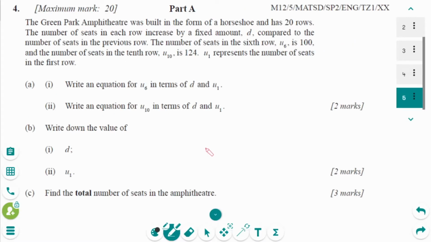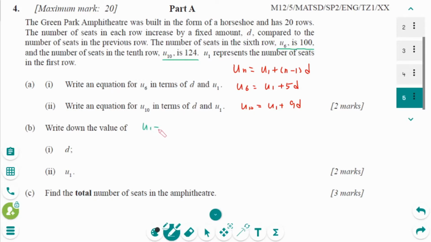This is the May 2012 SL Paper 2 Studies question. Number 1. un equals u1 plus n minus 1 d. So u6 equals u1 plus 5d, and u10 equals u1 plus 9d. Number B, u6 is 100, u10 is 124.